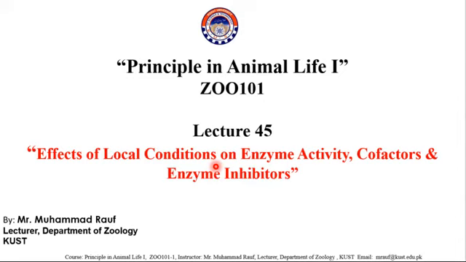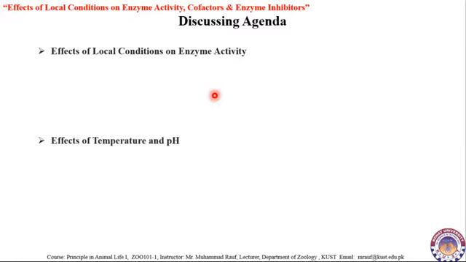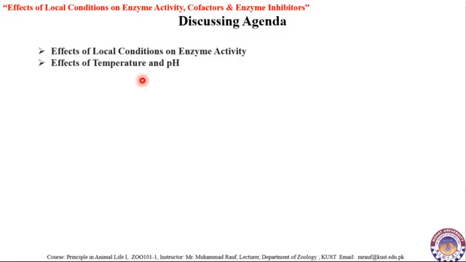The topic is effects of local conditions on enzyme activity, cofactors, and enzyme inhibitors. Discussing agenda for the topic will be effects of local conditions on enzyme activity, effects of temperature and pH, cofactors, and enzyme inhibitors.